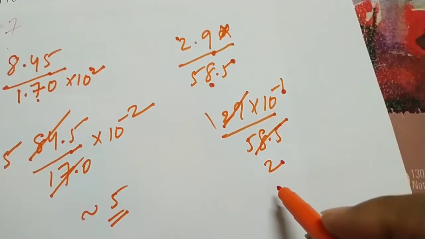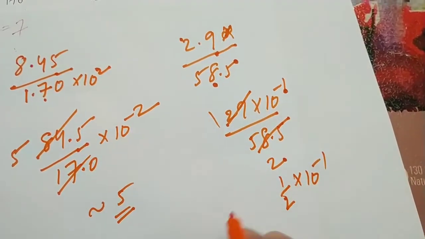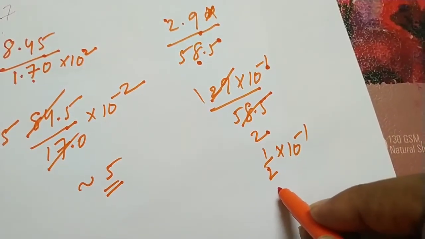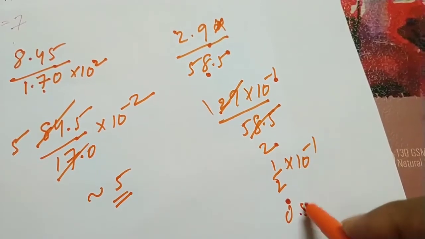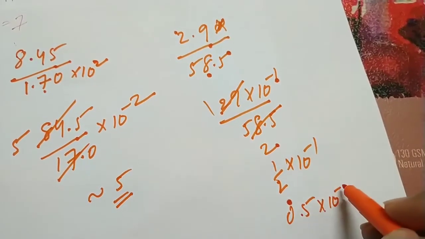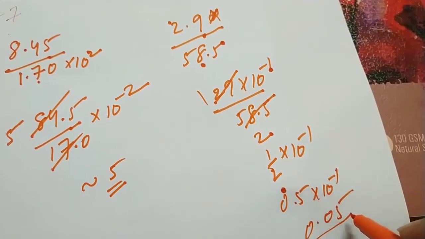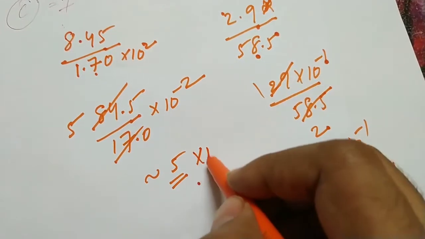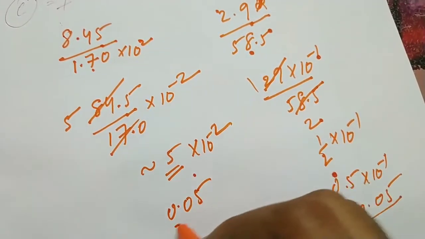So that equals 1 by 2. 1 by 2 into 10 power minus 1. This is 0.5 into 10 power minus 1, that equals 0.05. We got 0.05. Here 5 into 10 power minus 2. Here also we are getting 0.05.